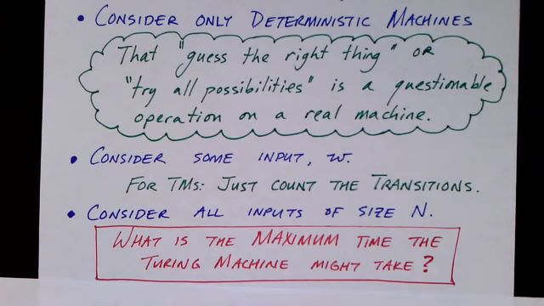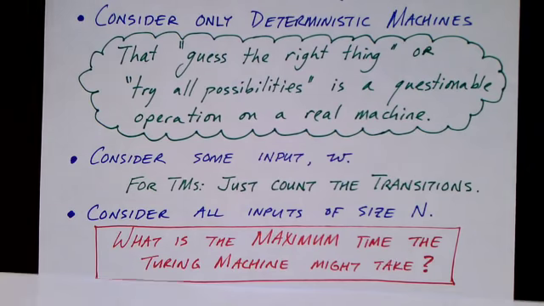We will then ask about all inputs of a particular size, and the Turing machine is going to take a different amount of time to run on some inputs than other inputs. Some inputs of a given size may be fairly easy to do, and other inputs of the same size may require a lot more computation. So we're concerned about the maximum running time our Turing machines take.